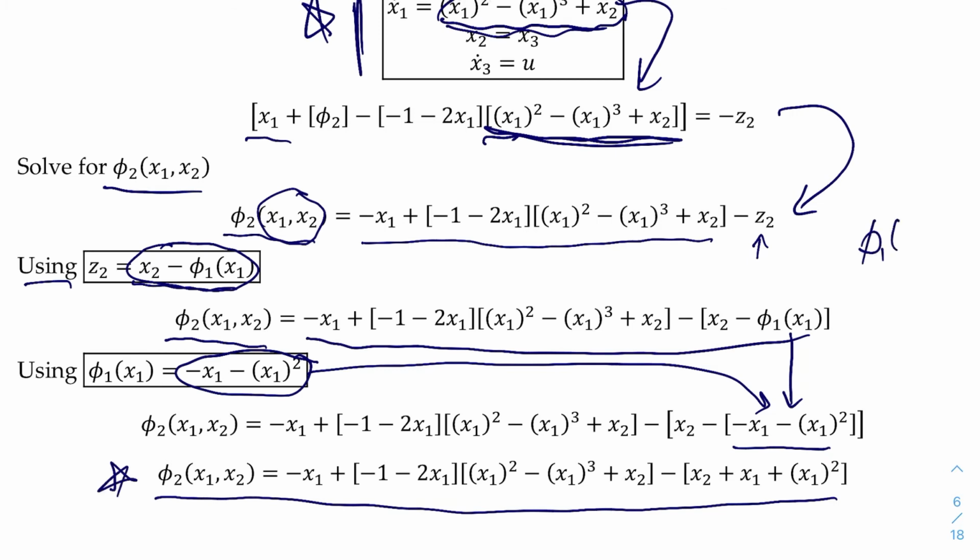So now we first determine phi 1 as a function of x1, and then phi 2 as a function of x1 and x2. Now we will find u as a function of x1, z1, z2, but by using simple algebraic manipulations we can just recover it as a function of x1, x2, and x3.